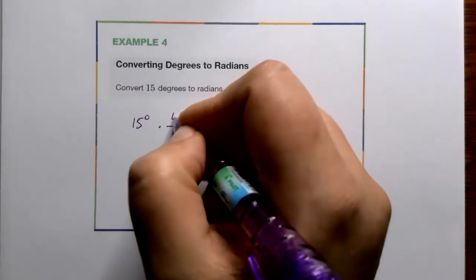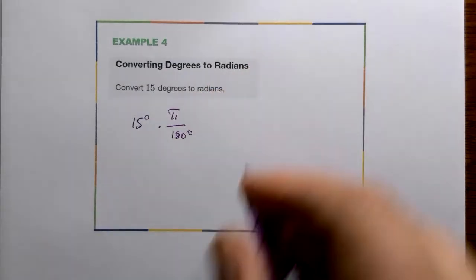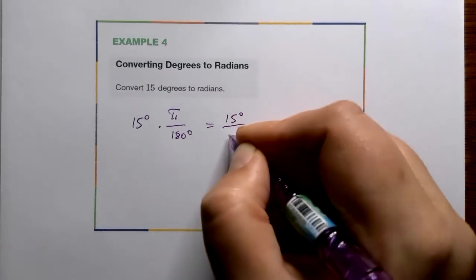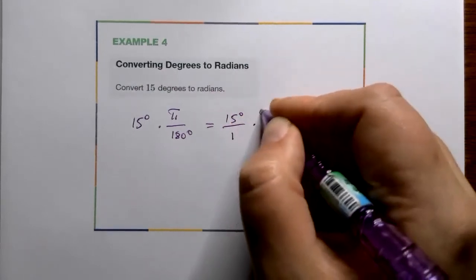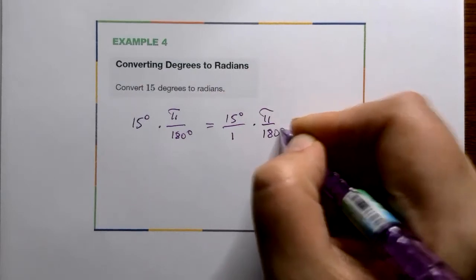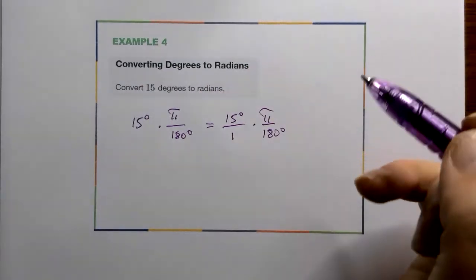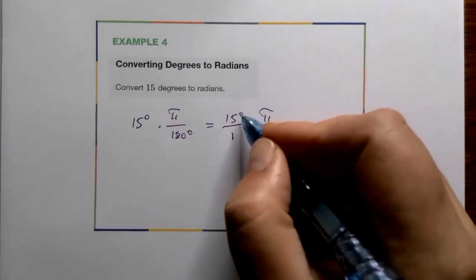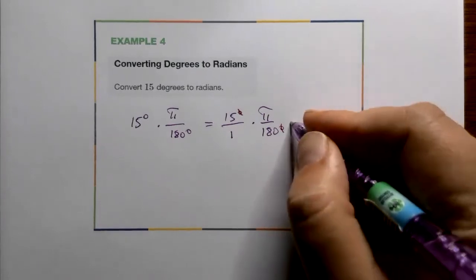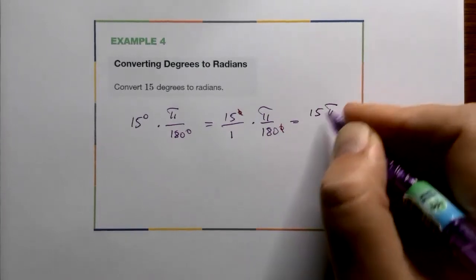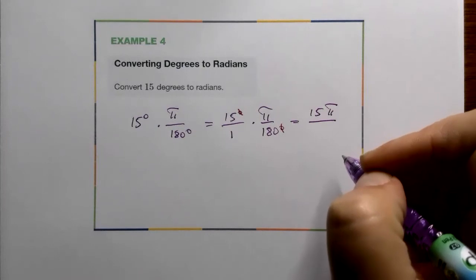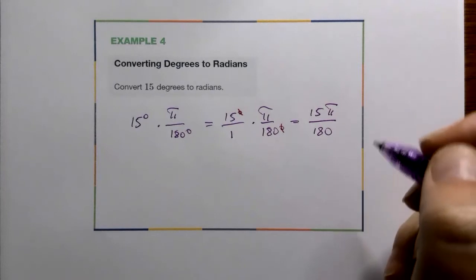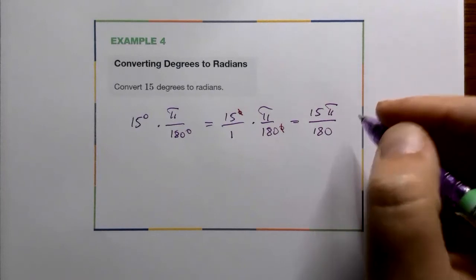Okay, so pi goes into the numerator. Just like before, we turn it into a fraction. And so degrees cancel out. And we're going to have 15 pi. Remember, radians are unitless. So over 1 times 180 is going to be 180.